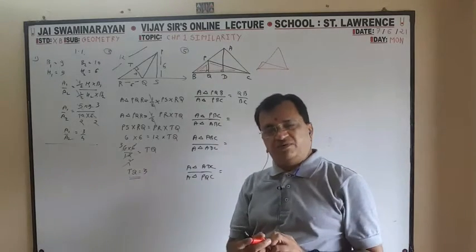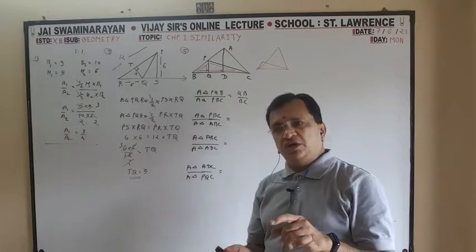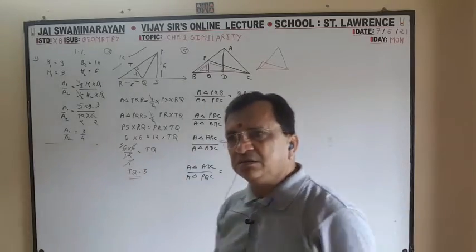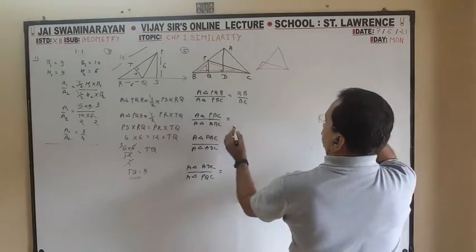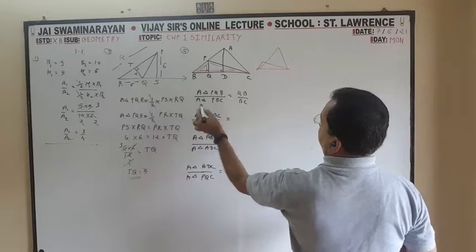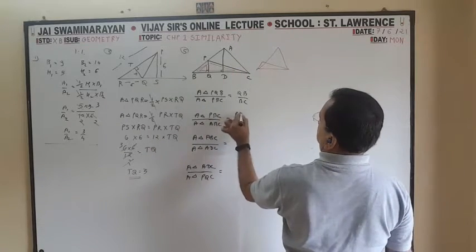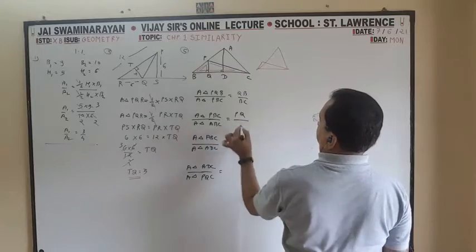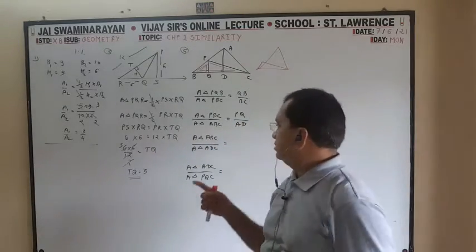Now that the base is equal, we take the ratio of heights. From P to Q, here from A to D. Why? Because bases are equal.